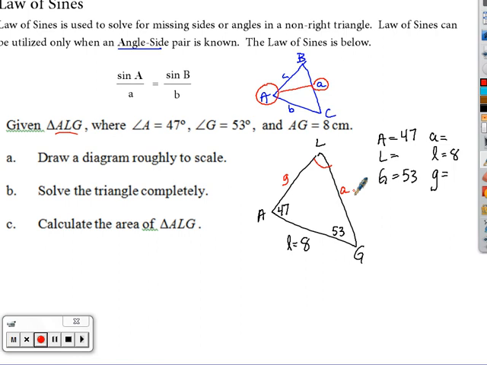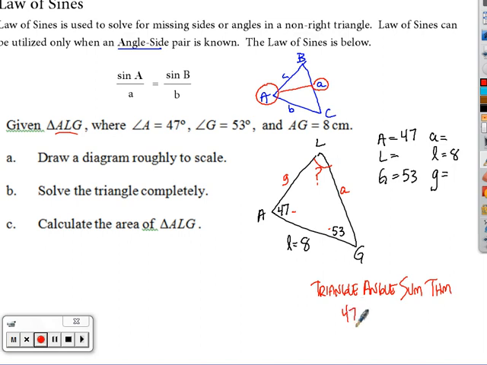So there's no angle-side pair that's known right now, but I know two angles in the triangle, which means I can find the third angle. And I do that using the triangle angle sum theorem, which tells me that all the angles in the triangle add up to be 180.